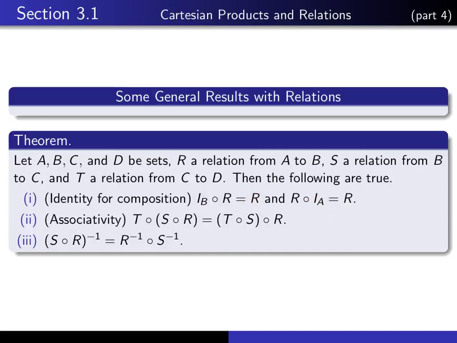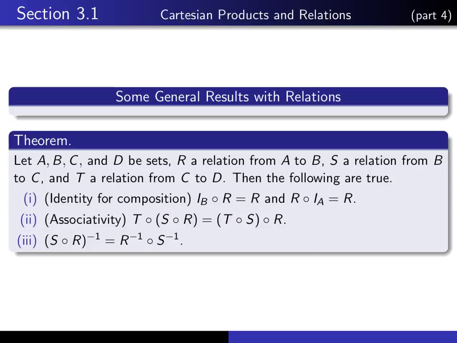So that's why we refer to it as the identity for composition. The second result we're going to prove is referred to as associativity. It says that if you compose these three relations, it doesn't matter if you group these two together or these two together when you're doing the composition.